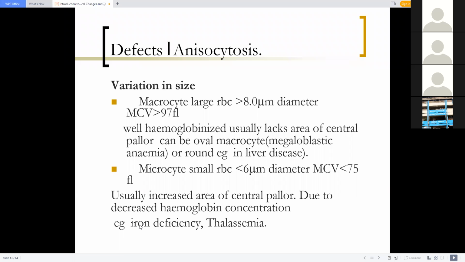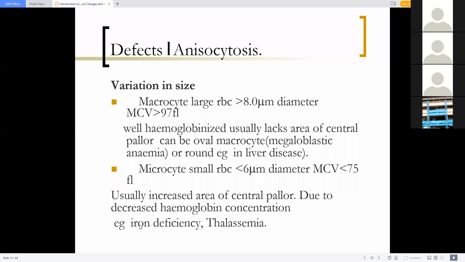So what I'm saying is that when we see macrocytes, one of the differentials that comes to mind is whether this patient could have a vitamin B12 or folate deficiency. But do know that macrocytes can also occur in liver disease. They can also occur in other conditions like aplastic anemia, and in leukemias, for example, all right? So when we see macrocytes, we have all those differentials in mind.